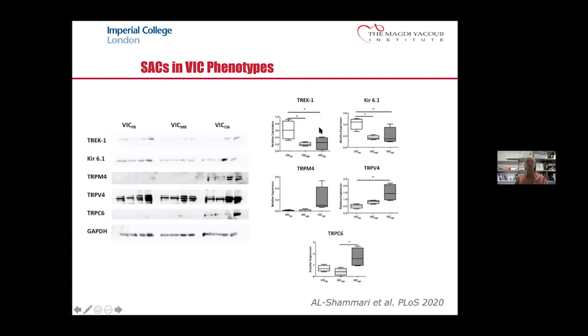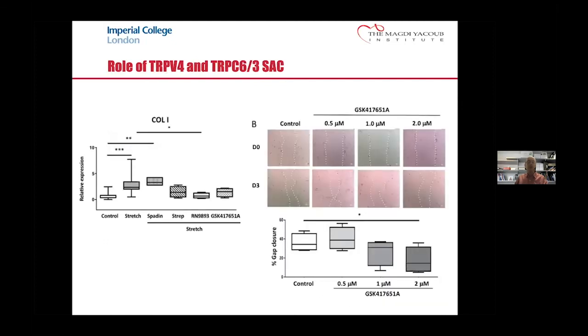mechanosensitive ion channels. And we were able to show that an inhibitor of TRPV4 channels inhibited collagen 1 synthesis in response to stretch. Streptomycin is a non-specific channel inhibitor, and these were significant, but there was some degree of inhibition, and the same for the TRPC6/3 inhibitor.